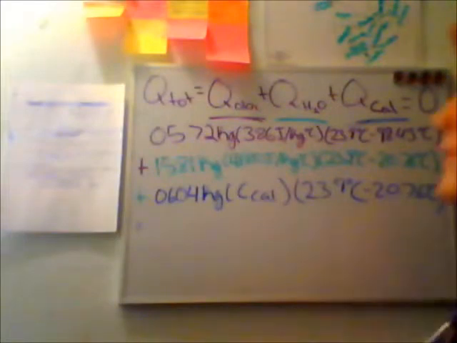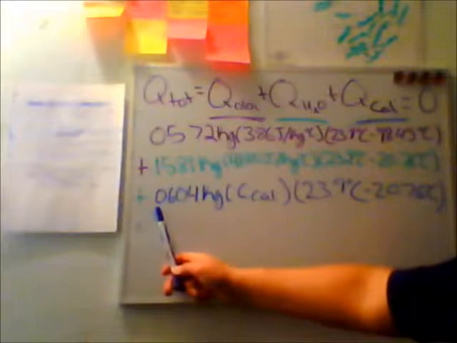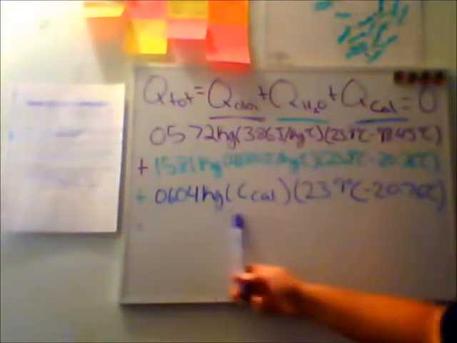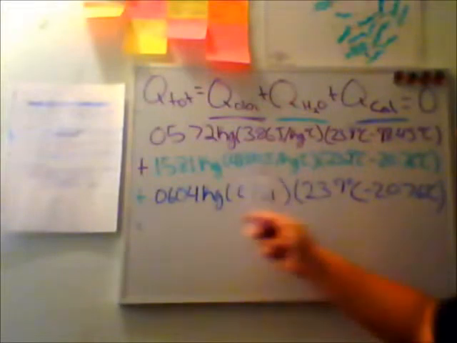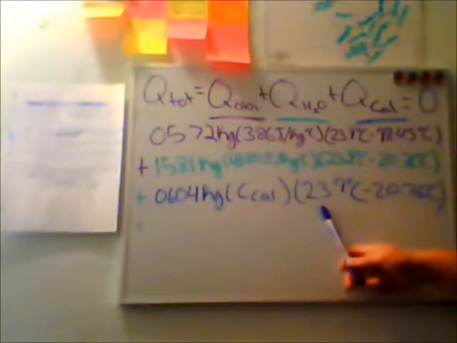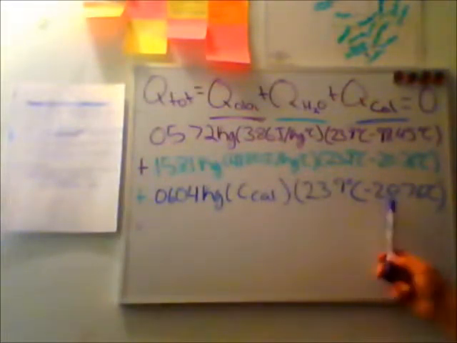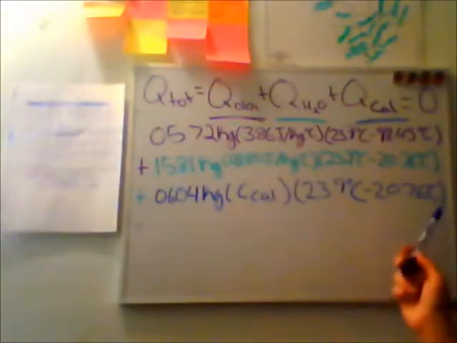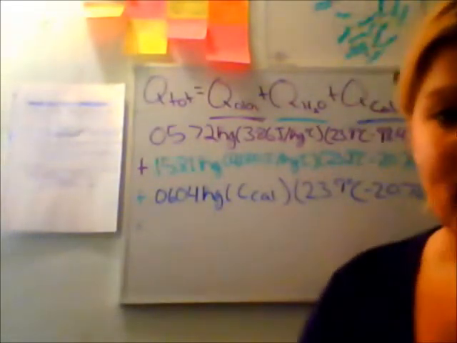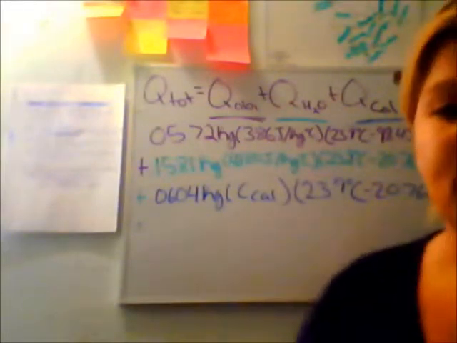It's also delta T for the calorimeter cup itself. Plus 0.0604 kilograms times the specific heat of the calorimeter cup, which is our unknown in this equation, times 23.9 degrees Celsius minus 20.76 degrees Celsius. And all of this is going to add up to equal 0. So that's how we're going to solve for the calorimeter cup.